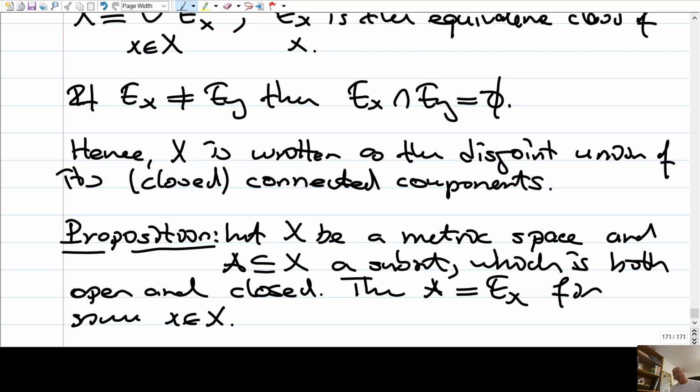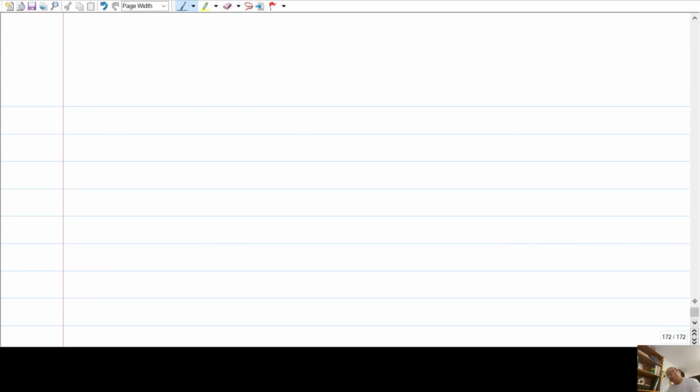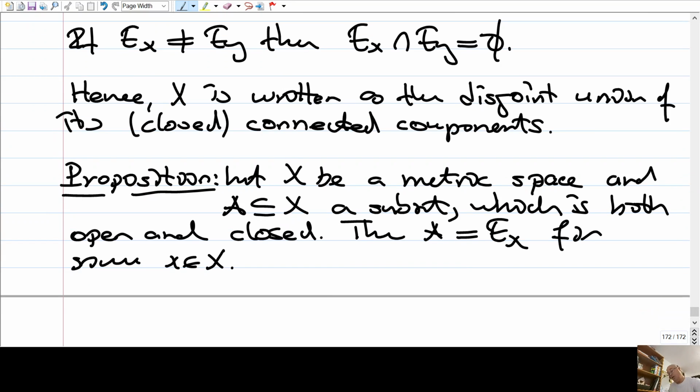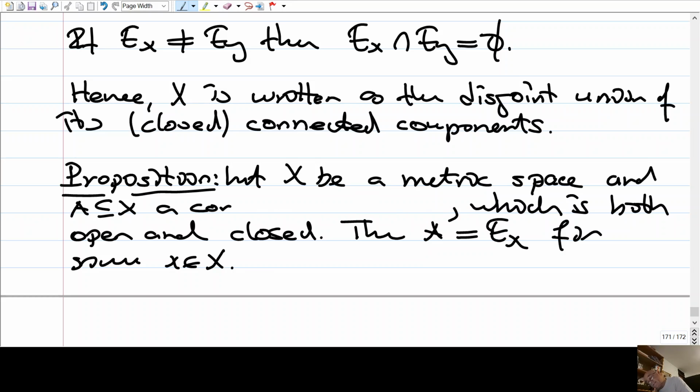So if you have a subset which is both open and closed, then this A, okay, I should say, and a connected subset.